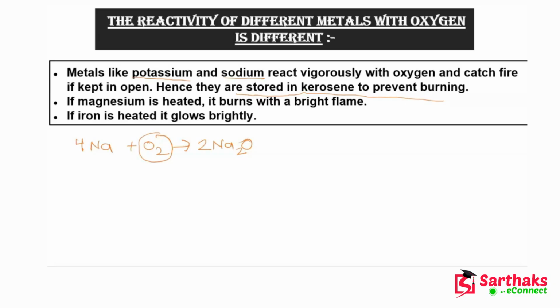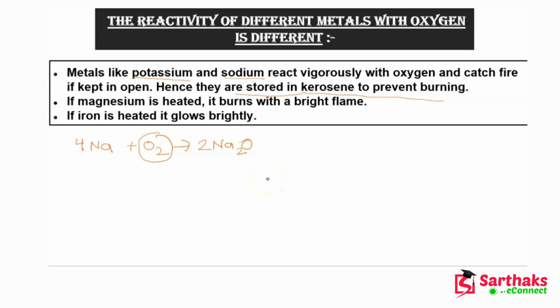But when I multiply here with 2, the number of sodium atoms will become 2 multiplied by 2, and that is 4. So to balance the sodium atoms, I have multiplied here with 4. Now you can see this equation has become balanced. The number of oxygen is 2 on both sides, and the number of sodium is 4 on both sides. I hope guys this point is clear to you.